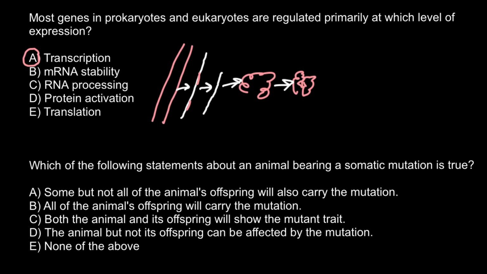And next question, which of the following statements about an animal bearing a somatic mutation is true? Answer A, some but not all of the animal's offspring will also carry the mutation. This is not true, because somatic mutation means that this mutation happened not in the sex cells, not in the germline that would produce gametes. Male gametes would be sperm, female gametes would be egg cells.